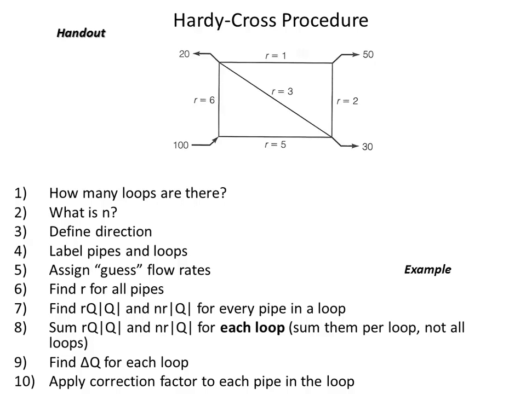Now, the next column is where I'm going to be calculating delta Q. Delta Q is the negative of this divided by that.